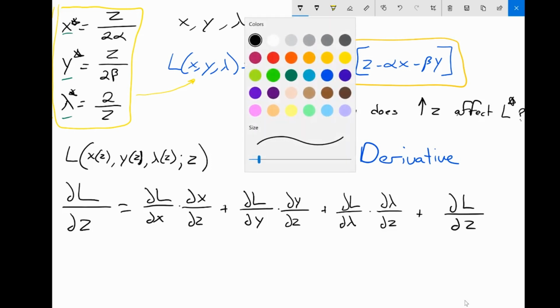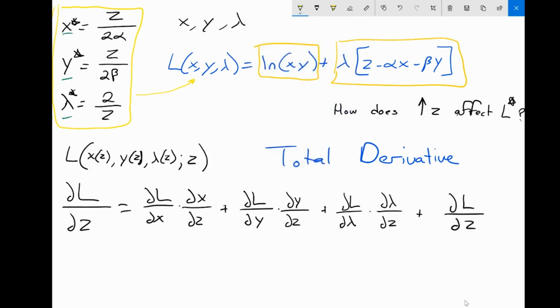Now, if you remember from class, these are all partial derivatives. This is the direct derivative. So here, if we want to know how does an increase in z affect L, well, here is your answer. It's this big monster.